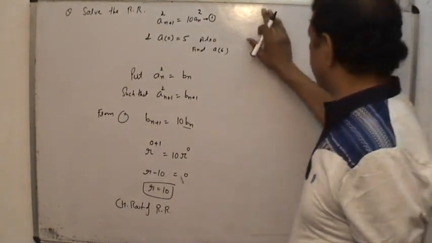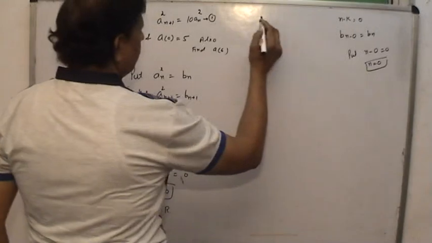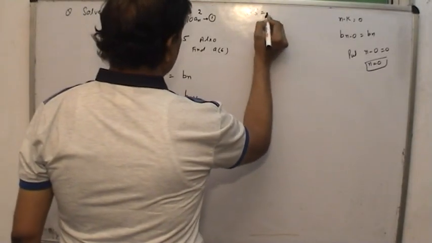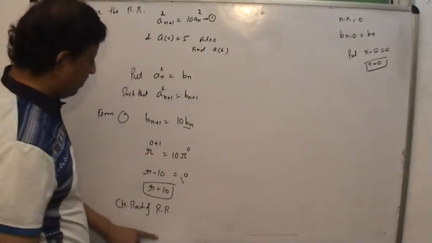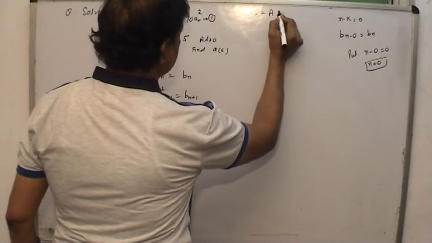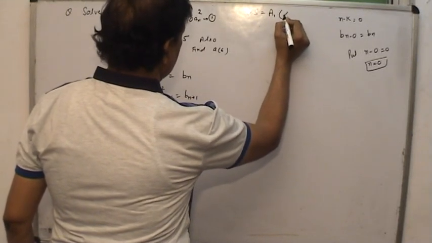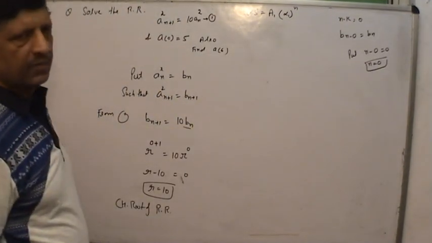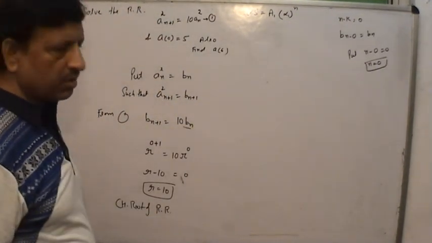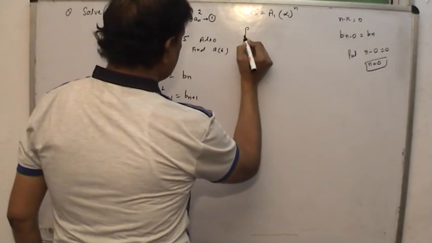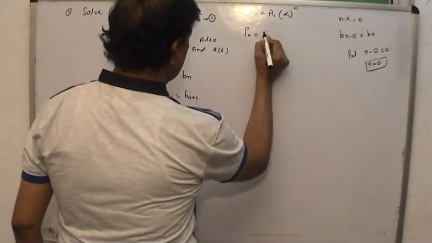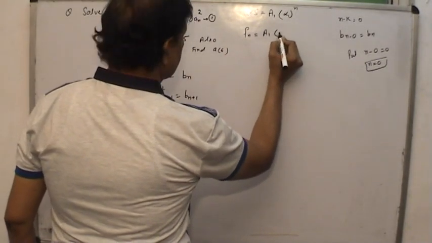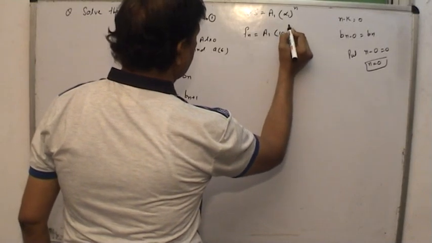The general solution is written as a1 into alpha raised to the power n. Since the root is single, we write the general solution fn is equal to a1 into 10 raised to the power n.